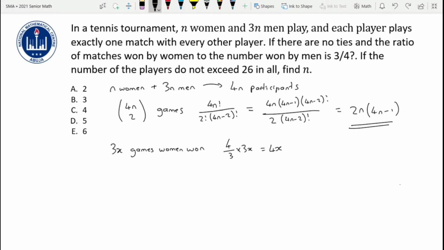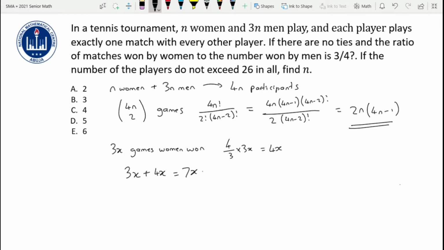Since a game will either be won by a woman or a man, the total number of games played is going to be the number of games won by a woman plus the number of games won by a man. So there are going to be 7x games played. So this is the second piece of information we have now.